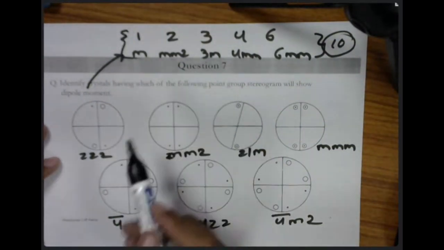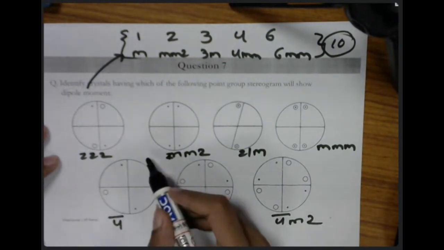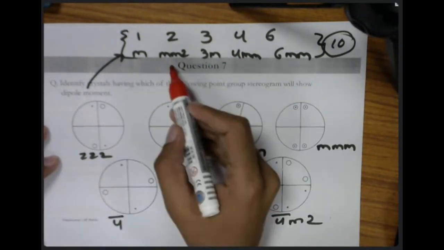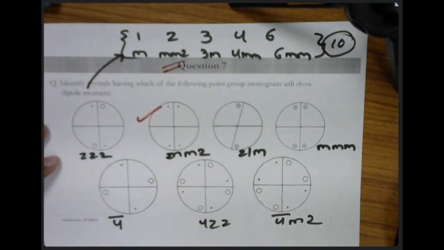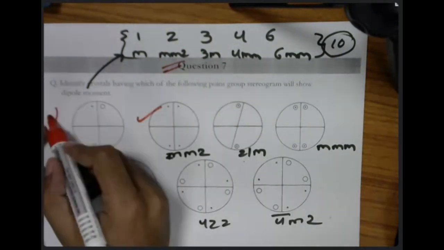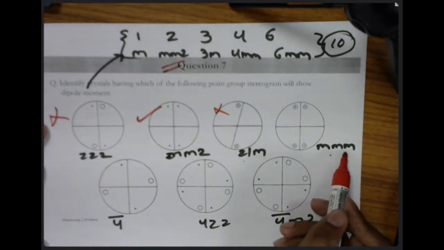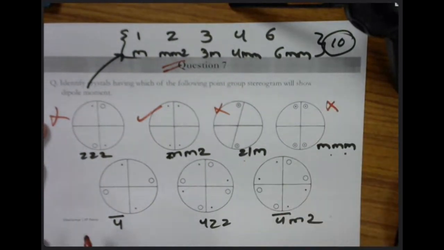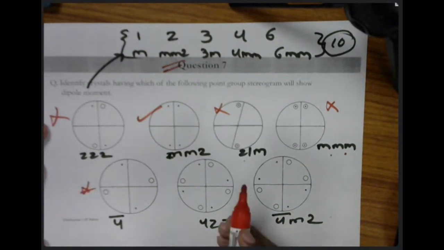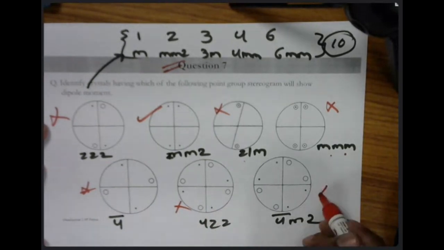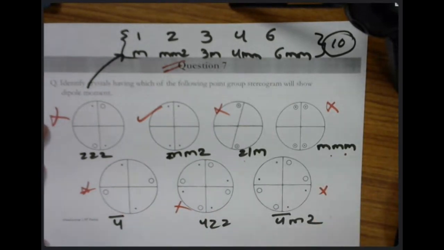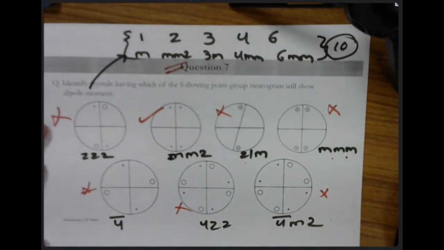So mm2 is there, 2 over m is not there, mm is also not there, 4 bar is not there, 422 is not there, and 4 bar m2 is also not there. So only one of them will show the dipole moment. And with that we have solved this question number 7 itself.